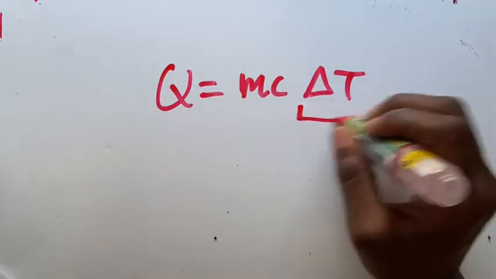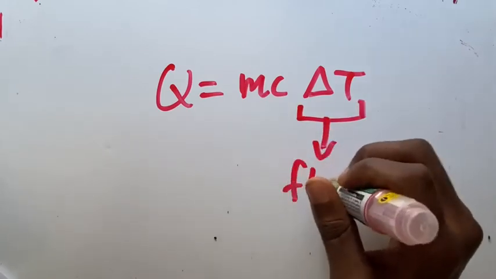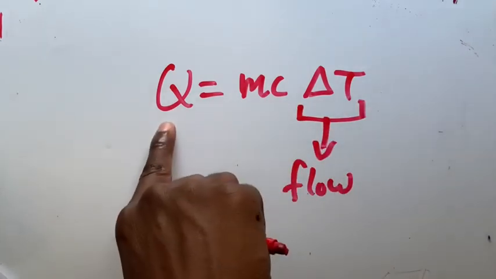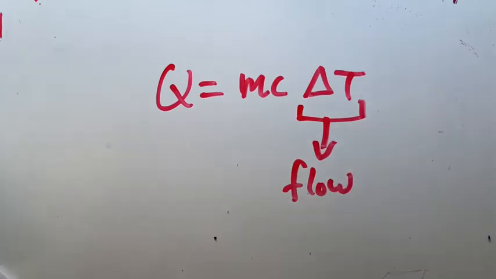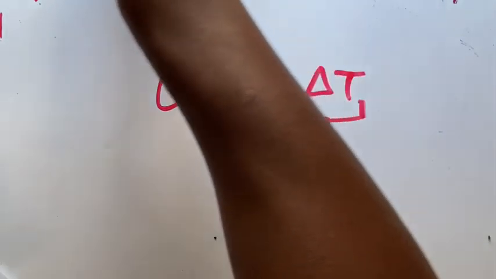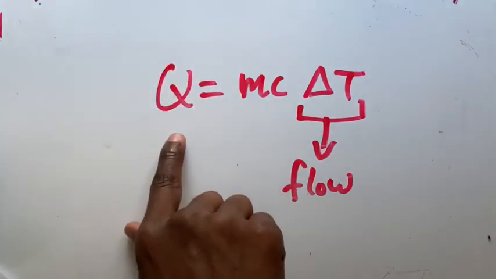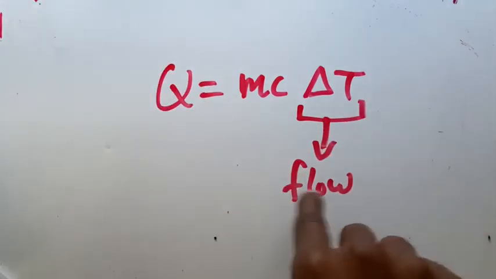And so basically this change in temperature is the flow. And so basically heat is the flow of temperature. So the answer is going to be D for 21, because heat is thermal energy flowing from hot to cold.